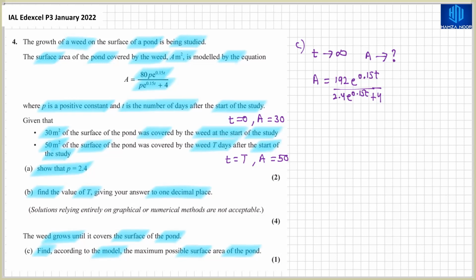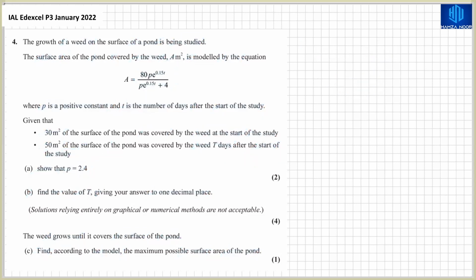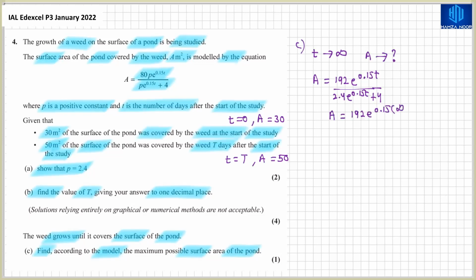But the issue is that if you use this original equation, where p is equal to 2.4, when you put infinity over here and over here as well, area will be equal to 192 times e raised to the power 0.15 times infinity, divided by 2.4 times e raised to the power 0.15 times infinity, plus 4.